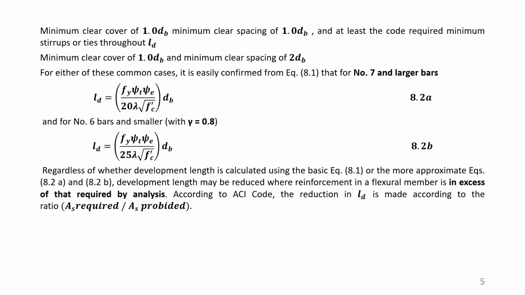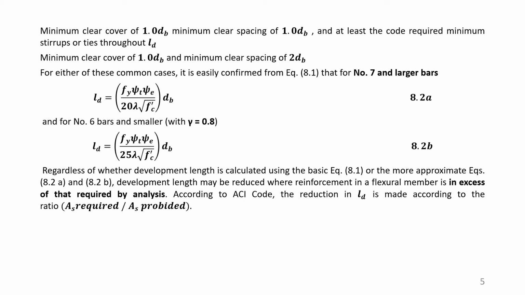Equations 8.2a and 8.2b are the simplified equations. And here the division of these two equations is the size of the rod only: number 7 bar and above, and number 6 and below.